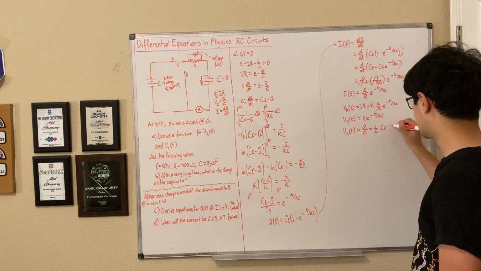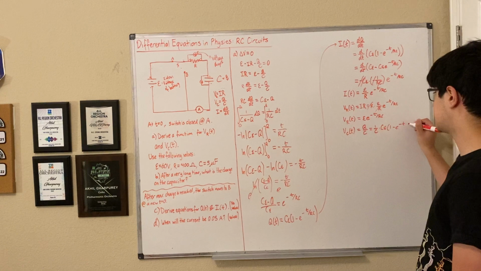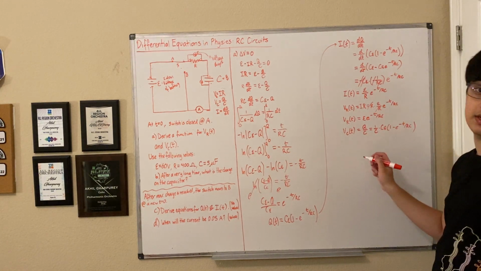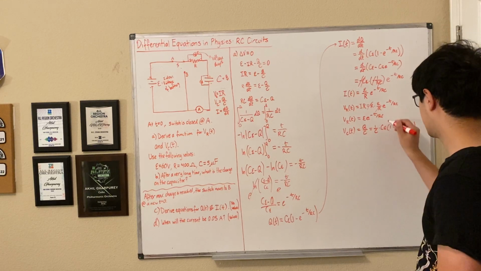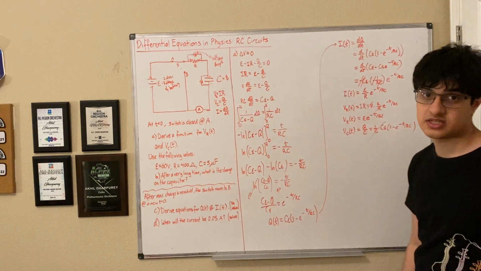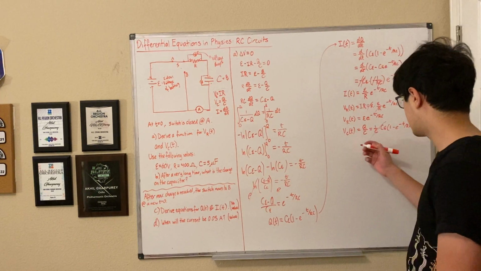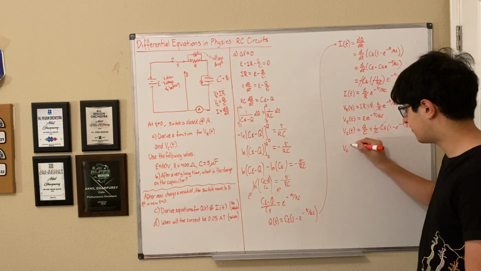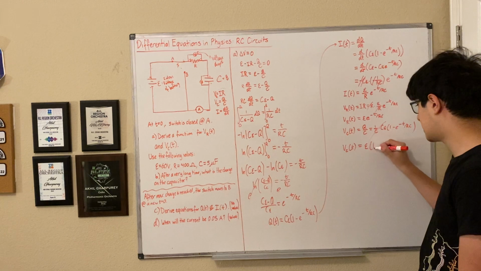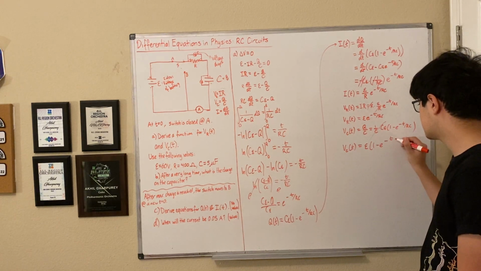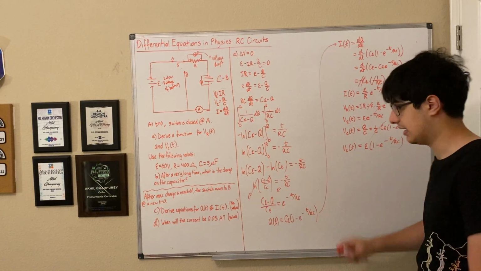This is going to be C epsilon times 1 minus e to the negative t over RC. As you can C, sorry, no pun intended. As you can see, the capacitances will cancel out. So the result is the voltage across the capacitor as a function of time is epsilon times 1 minus e to the negative t over RC.